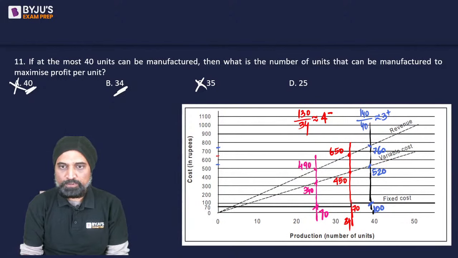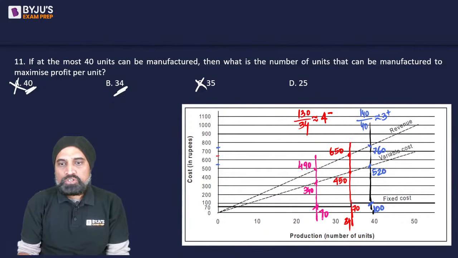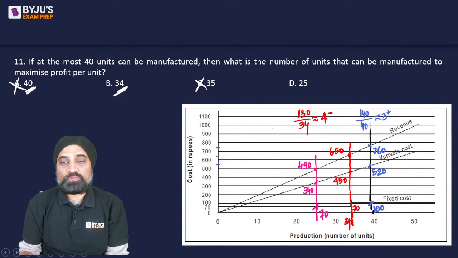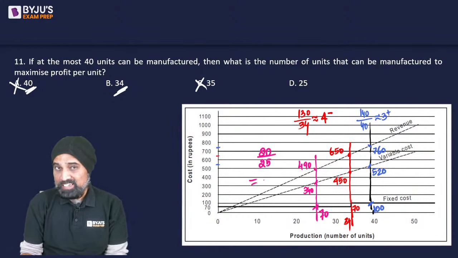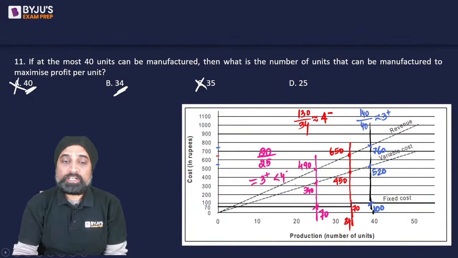Let's take this as 490. So we have 340 minus 70, 410. So we have the profit as 80 over 25. 80 over 25 is a little more than 3, but definitely less than 4. So at 25 also we are not going to get the answer.